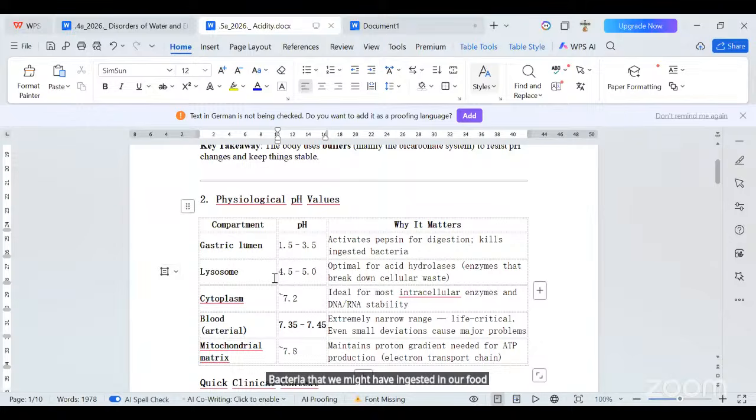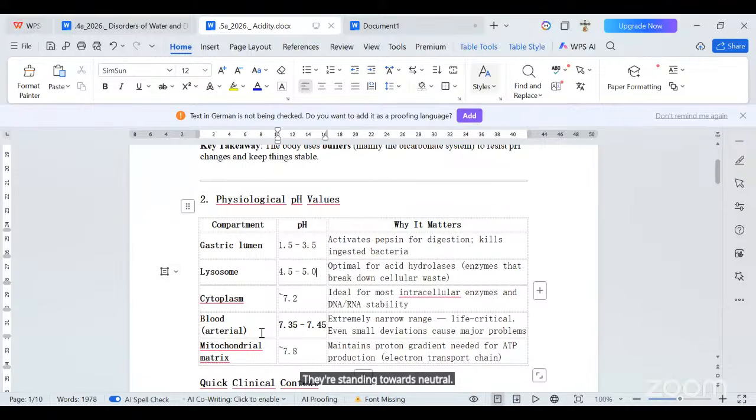Now, lysosomes are at a weak acid pH between 4.5 and 5. And these contain enzymes that break down cellular waste. Then the pH of the cytoplasm is 7.5, tending towards neutral.